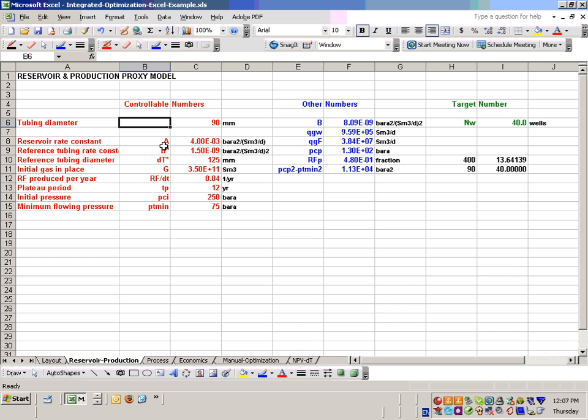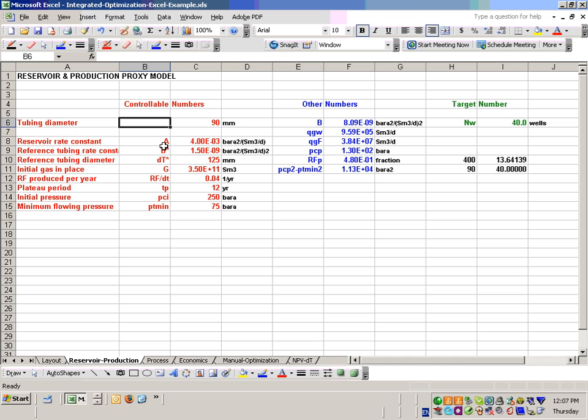So you're going to have new equipment made. There's going to be this very strong cost escalation per well if you go above a normal tubing size. So the reservoir and production engineers have no idea what that cost function looks like. So it's impossible for us to really optimize on the tubing size.